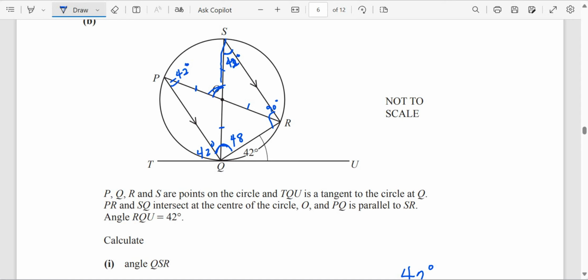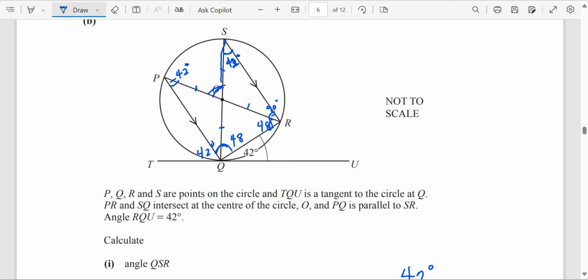Another way of doing this is you could just do 90 minus 42, you get 48, because this angle here is the angle between the radius and the tangent, and that's always a right angle. So that could also work if you don't want to use this as 90. Okay, since I have this as 48, this will also be 48.